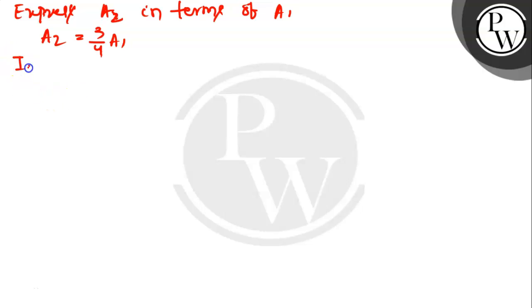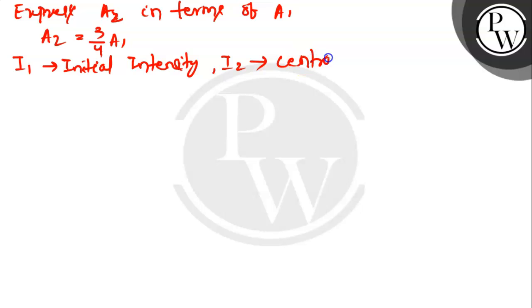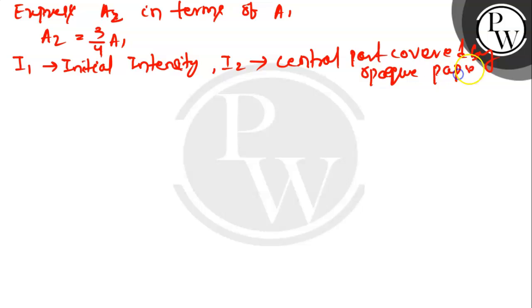Let I1 be the initial intensity. I2 be the intensity when the central part of the aperture was covered by an opaque paper.